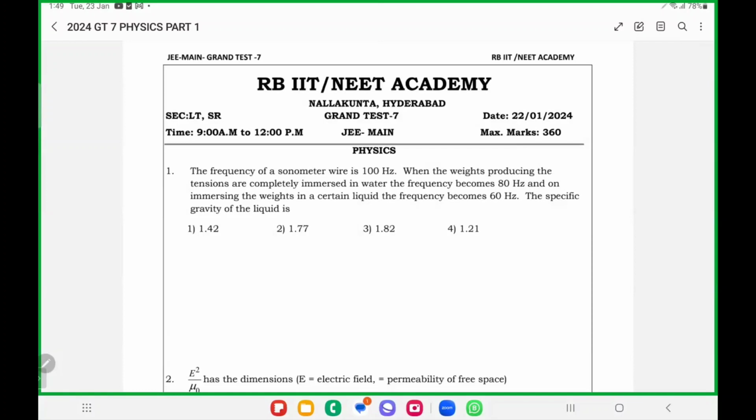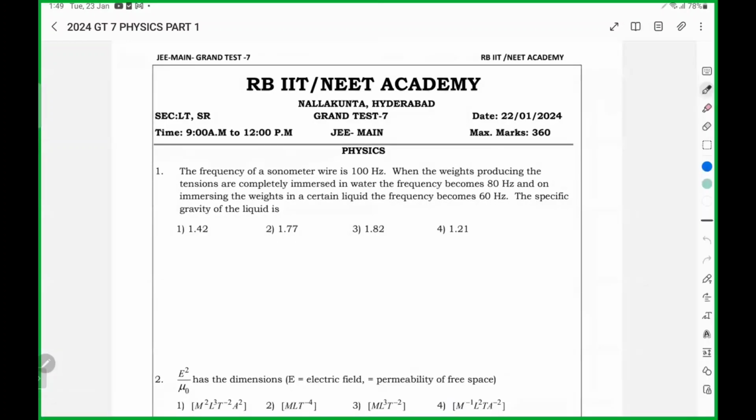Here, the frequency of the sonometer wire is 100 Hz.